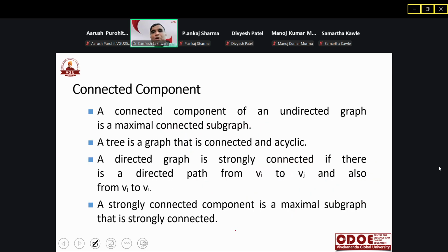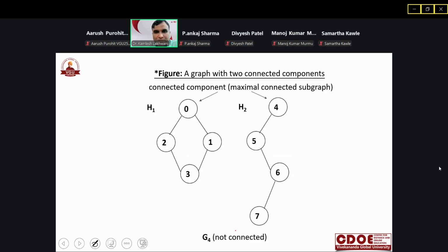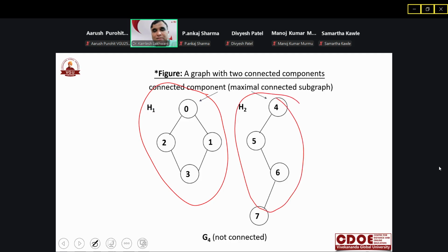I'm just going to move towards another topic. Connected components. What do you mean by connected component? I told you subgraphs, right? So subgraphs are the connected components. Say there is a graph, so H1 and H2 are connected, right? Not directly. There is no direct connection between H2 and H1. So we can say these are not connected graph.